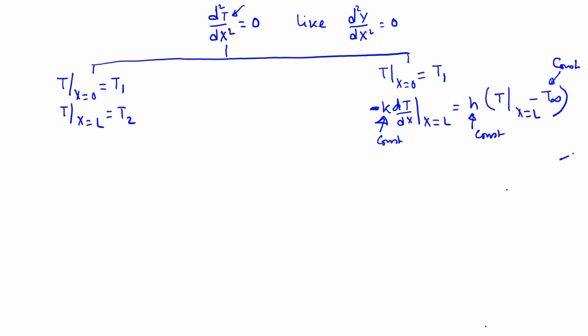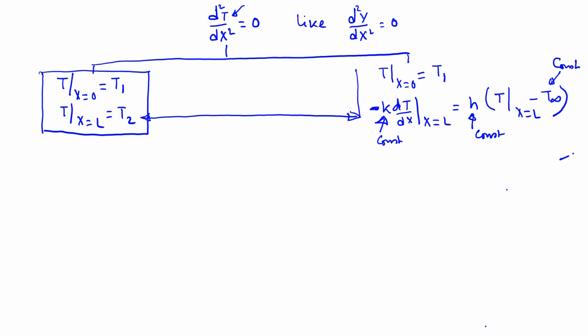So the two points in this video are, first, because this boundary condition was changed to this one, the solution for the previous case will no longer be valid, and there will be a different solution for this set of boundary conditions. That's one point.